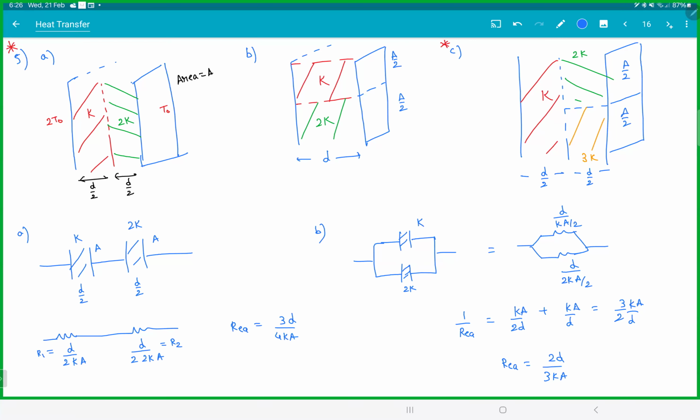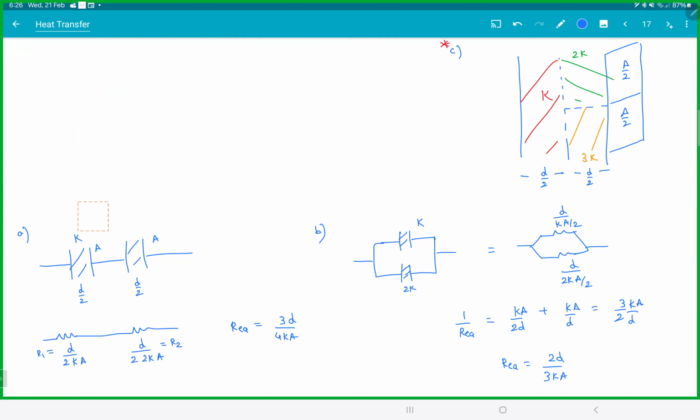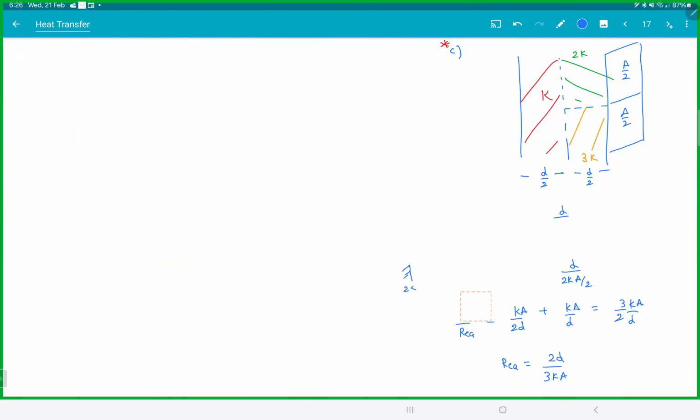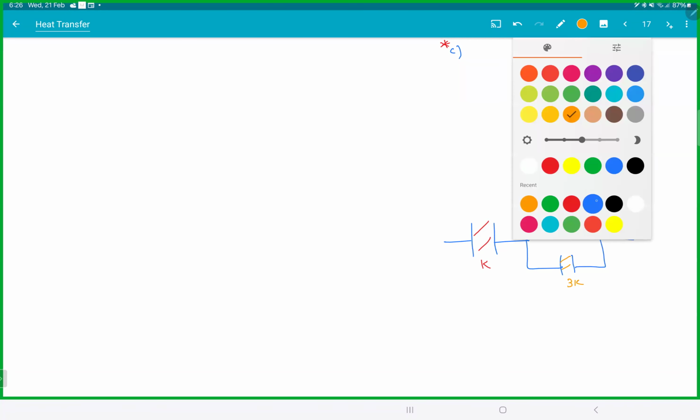Let's see. So this thing can be written as, so 1 here, here. This is filled with K. This is filled with 2K. This is filled with 3K.